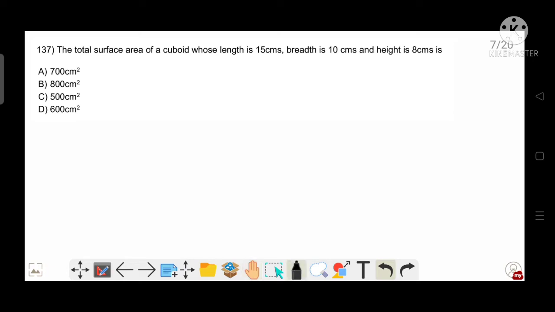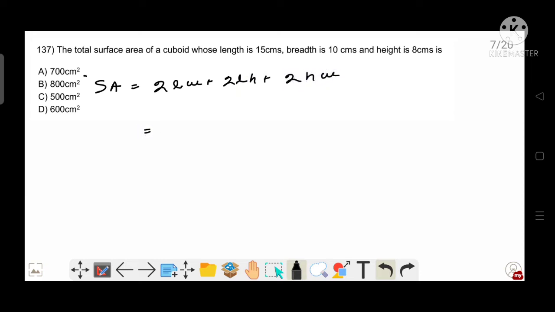Okay, now total surface area. There are how many surfaces? There are 6 surfaces. So we have length, breadth, and height given. So surface area would be 2 into length into width plus 2 into length into height plus 2 into height into width.